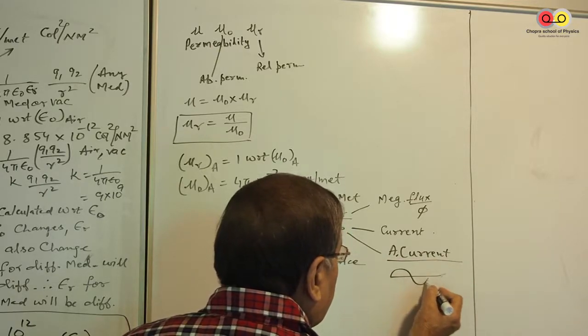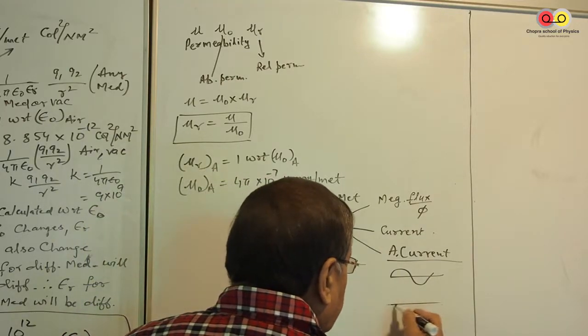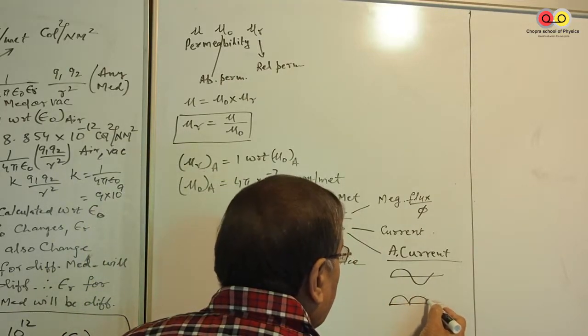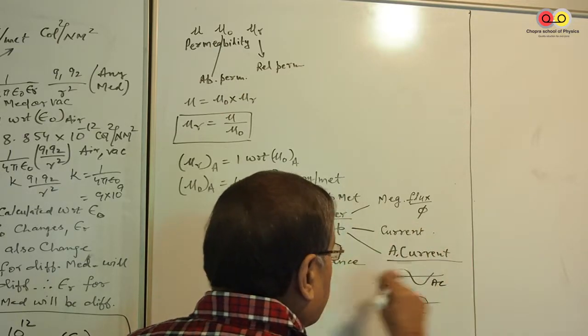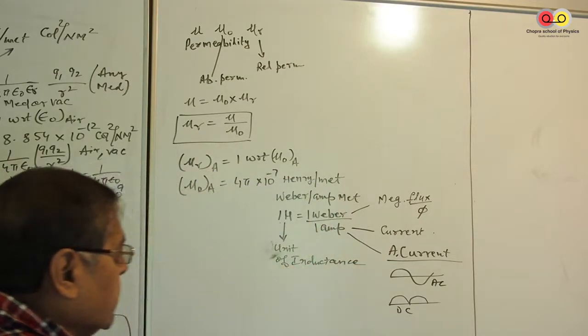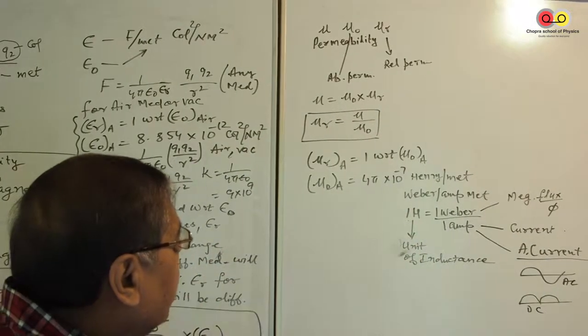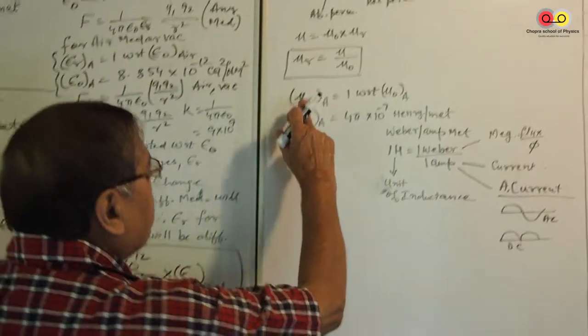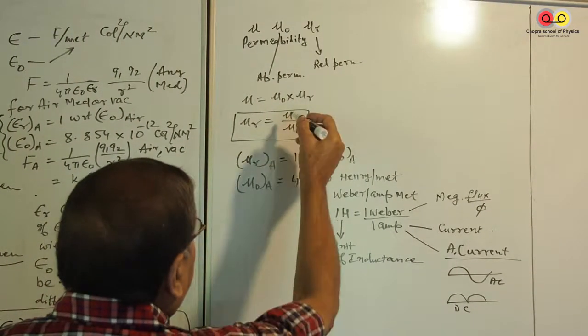This is the graph of alternating current, and this is the graph of direct current. This is alternating current. This is a pattern. We will discuss more about alternating current in a separate chapter. So these are various formulas I have explained to you, and dielectric is like this, and this is the ratio here.